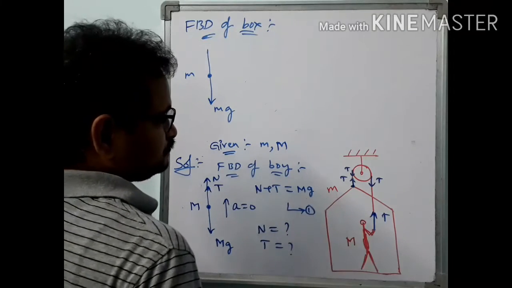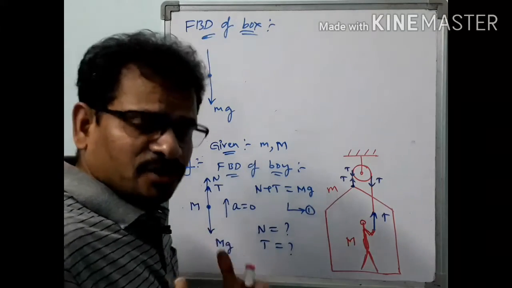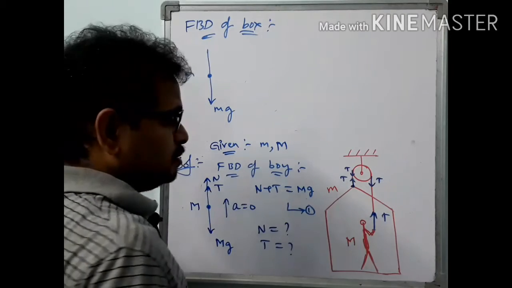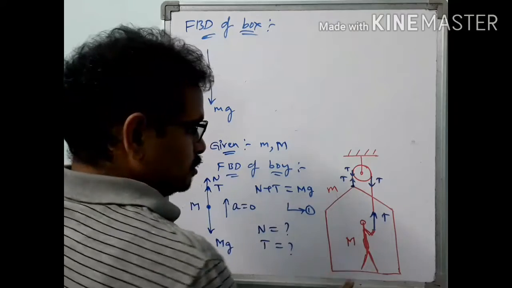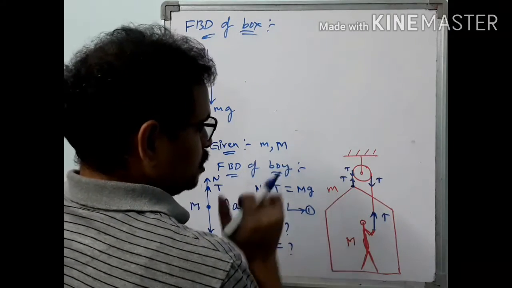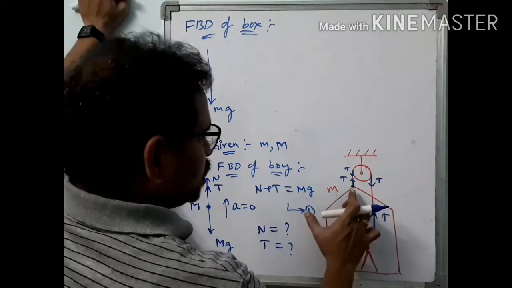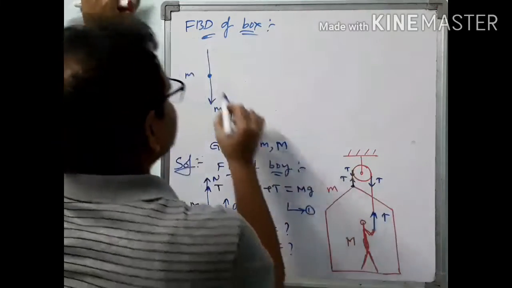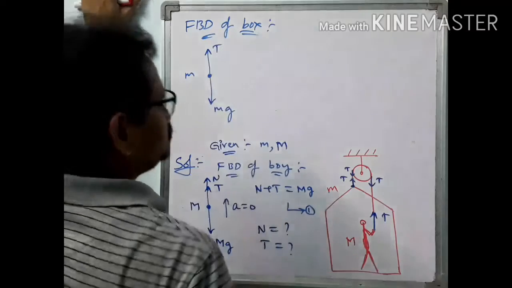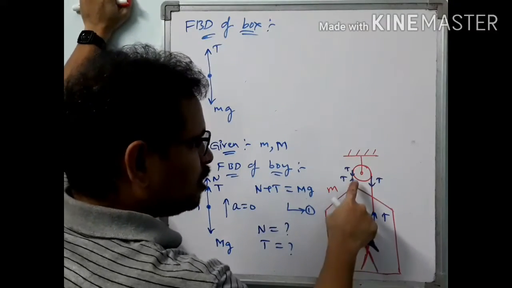So here now we have to check for contact forces which are acting on the system from outside. So on this box, what are the contact forces? One is tension force. This part of the rope is pulling it upwards, so tension force T. So it is in contact with the rope.